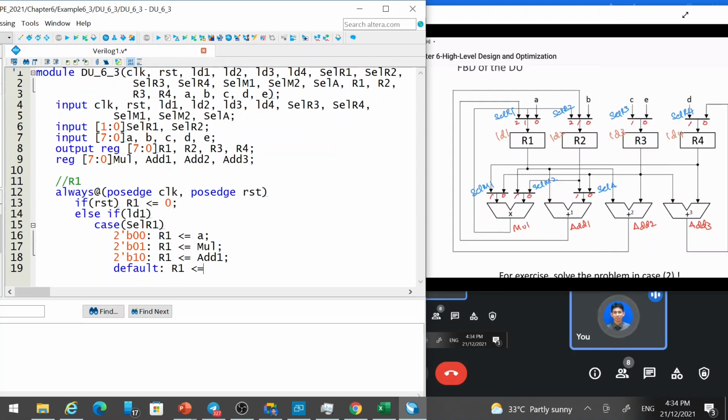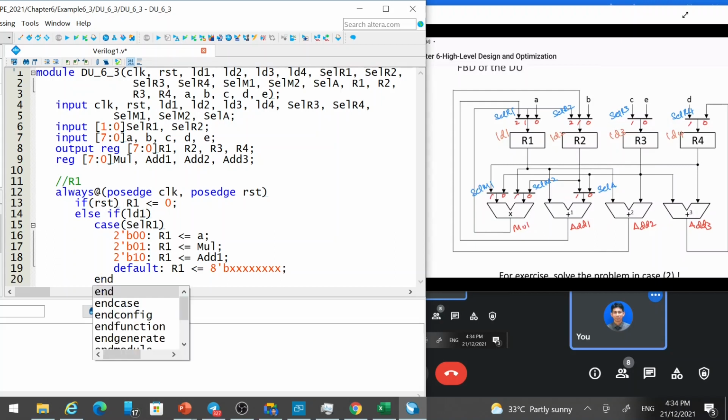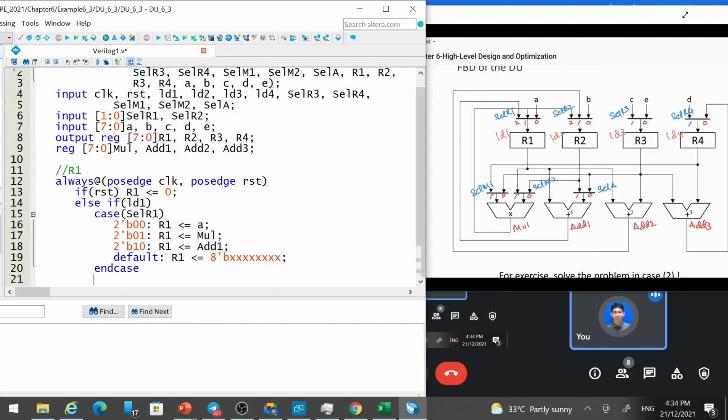And this don't care is 8-bit. And case done for the first register R1.